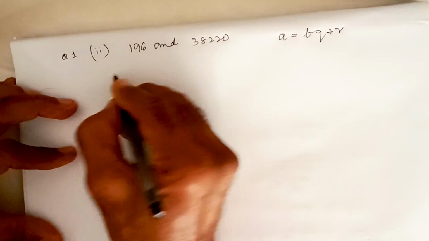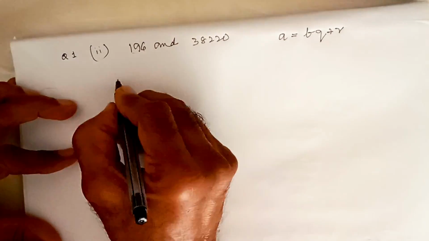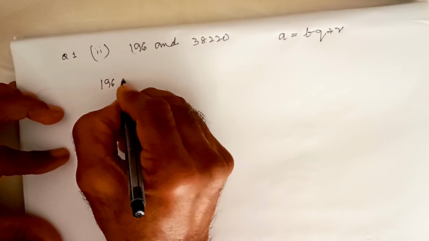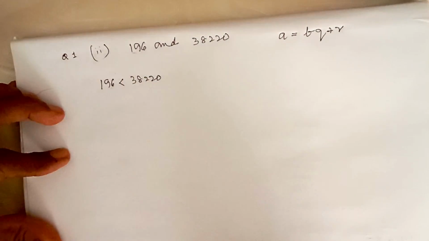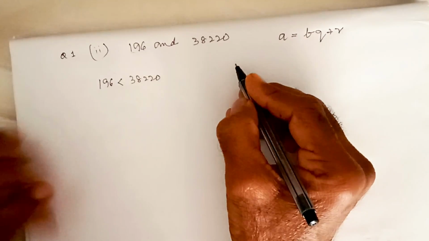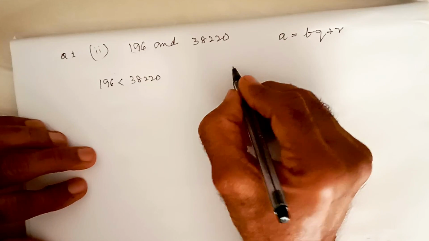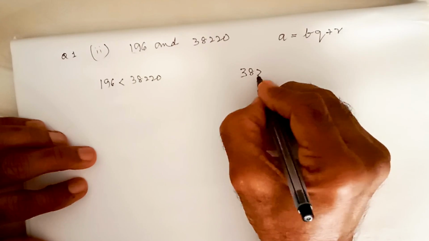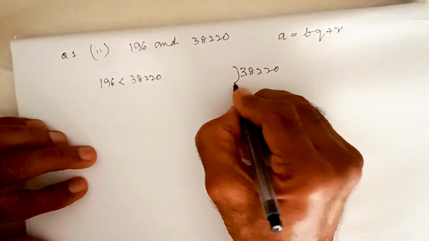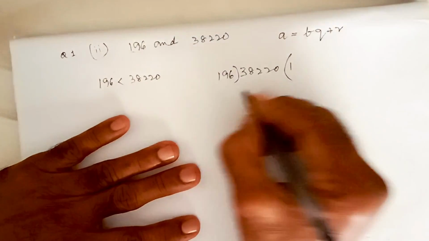To start with, we have to know which is the smaller number. As you know, 196 is smaller than 38220. So now let us start finding out the HCF by the division method. What we do here, we divide 38220 by 196.